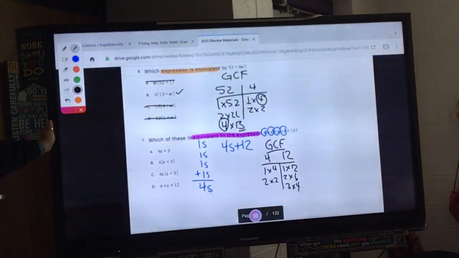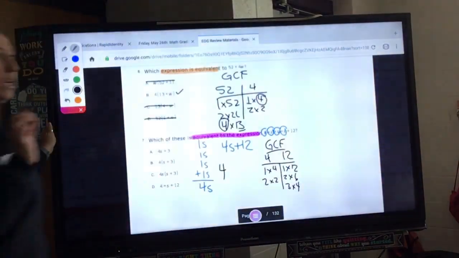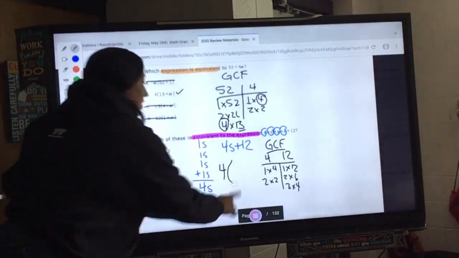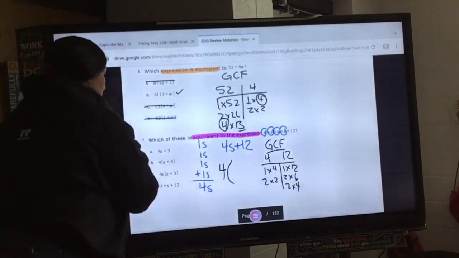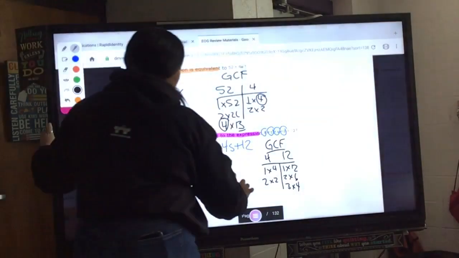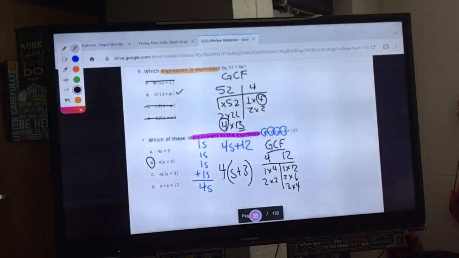So what is our GCF? 4. So knowing that 4 is our GCF, do I already know my answer? Because I'm about to do this. Which one of those looks exactly like that? Ronnie? B. That is our answer. Okay?